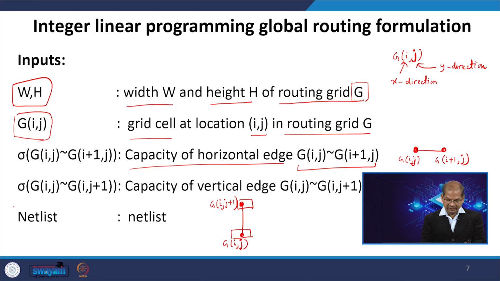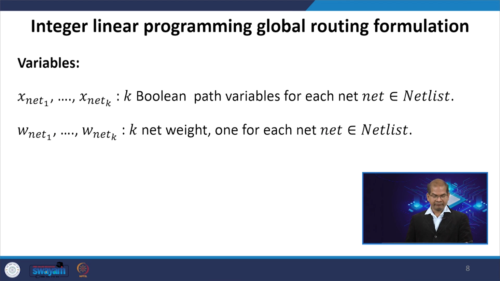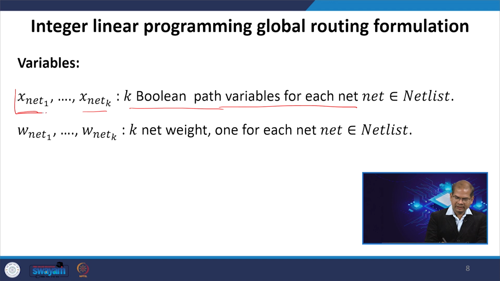We have a netlist also provided as input. Now, xnet1 to xnet k are Boolean path variables for each net. If I have a net, multiple connections are possible, and each one of them is denoted by xnet1 to xnet k.